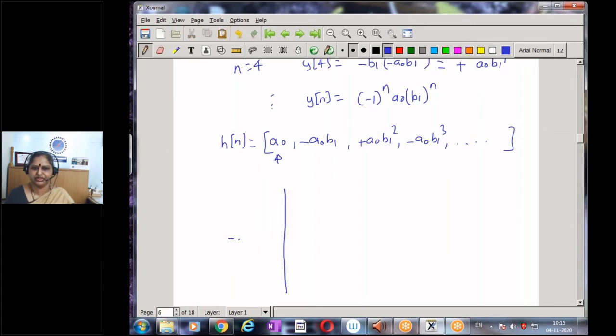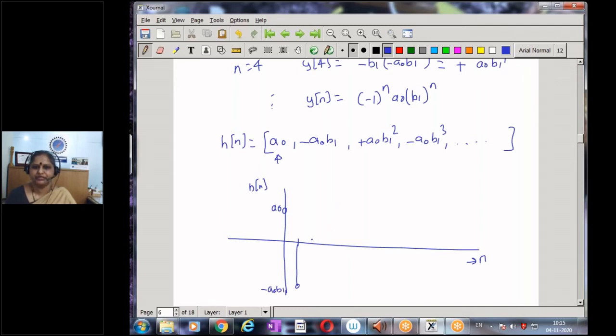So let's try to sketch the result. I have n, and at n equal to 0, I have the value a0. a0 could be anything, positive or negative. It could take any value depending on the given difference equation. Assuming b1 is positive, I have my h of 1 as minus a0 b1.